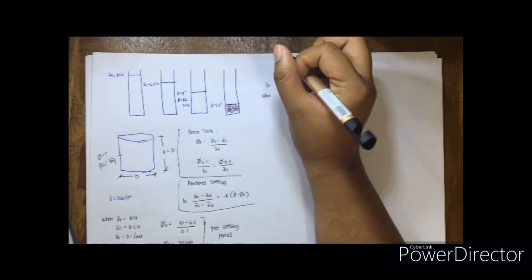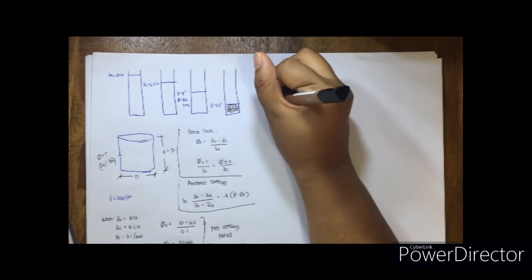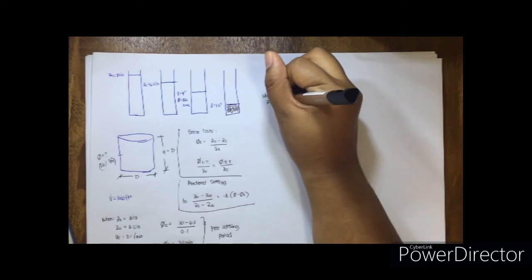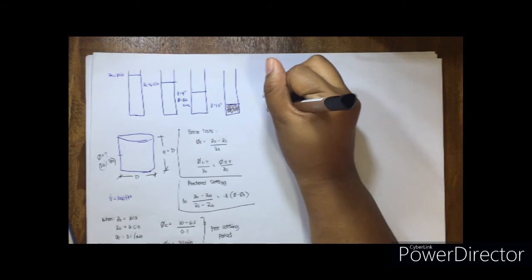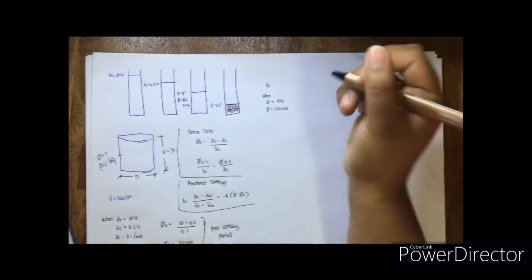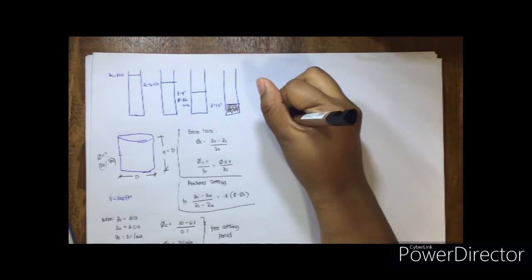When we have the height of our sludge in 4 inches at 120 minutes, we're solving for k.